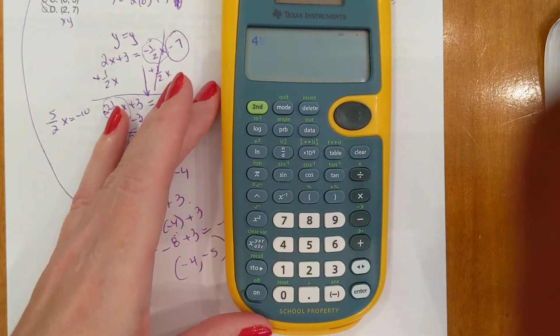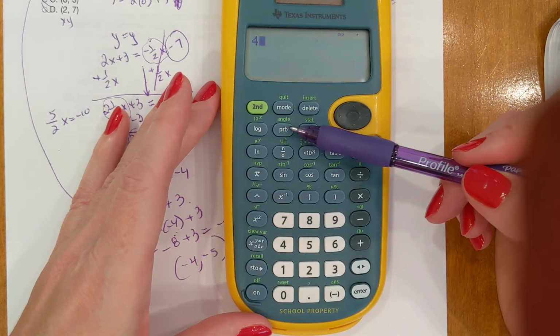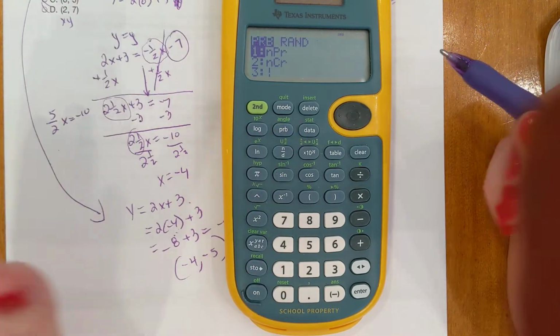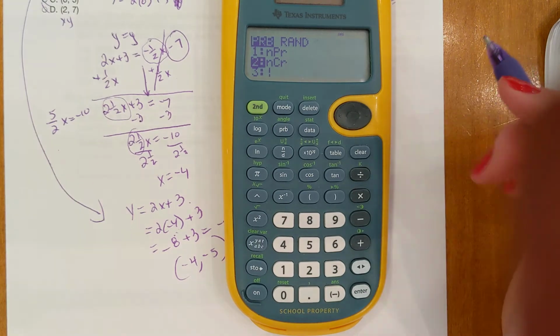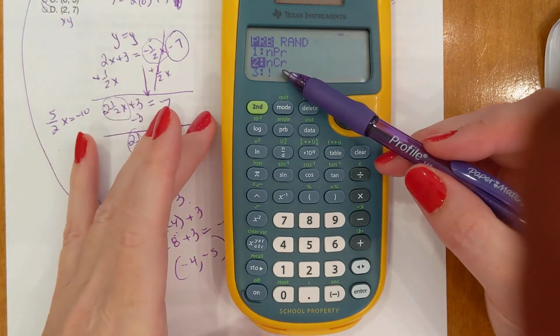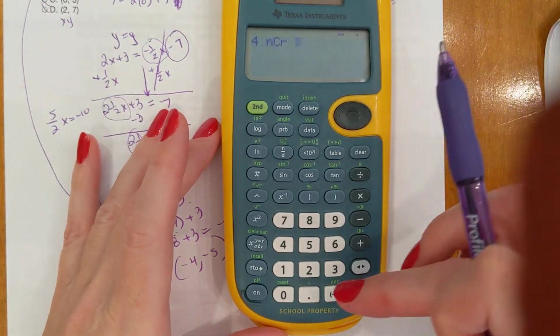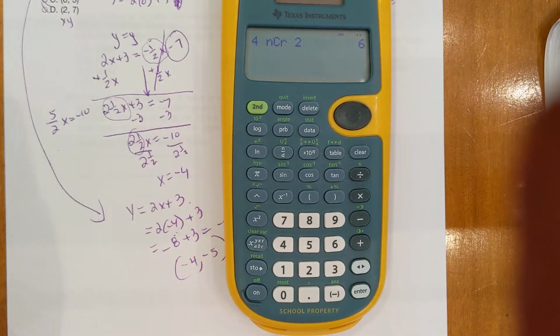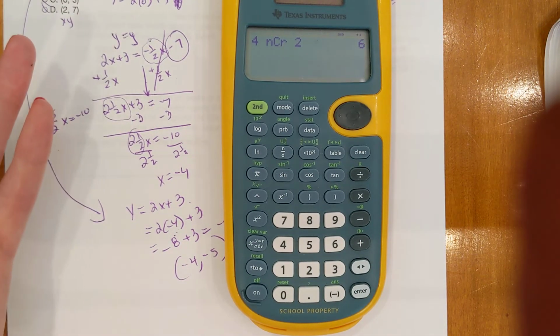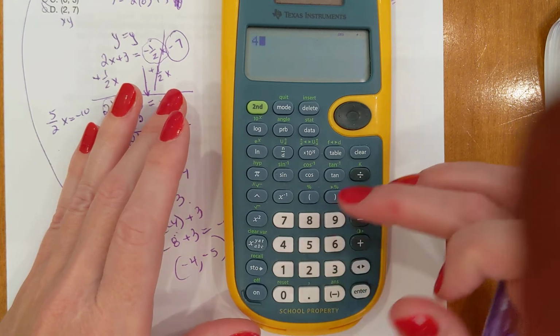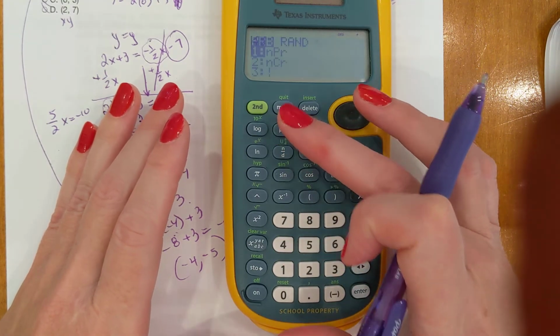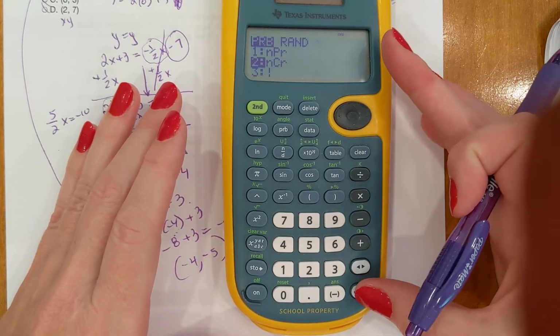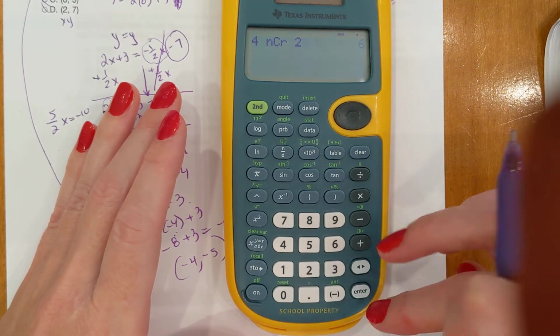So 4, and then the probability key right up here. Hit that, and you're going to go down to choice 2, combination. C for combination. Hit that, and then 2. It gives you the answer of 6. So that's a quick way to do it.